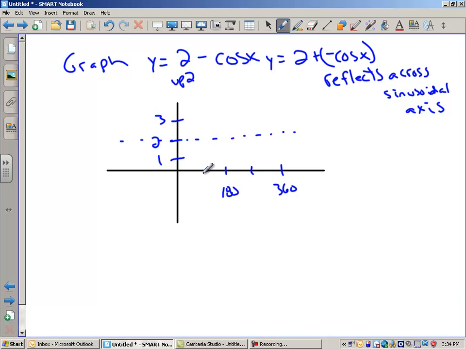And I've got my 270 and 90 there. Now, cosine x starts at the top, but since we got reflected across the axis, we're going to start at the bottom. Then go to the middle, then to the top, back to the middle, back to the bottom. And so there's a graph of 2 minus cosine x.